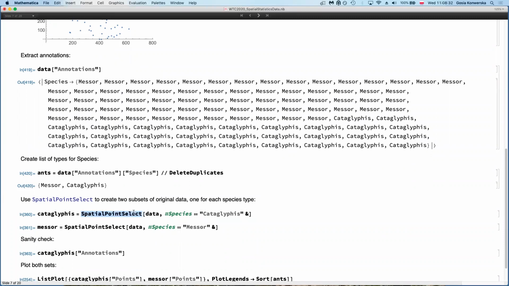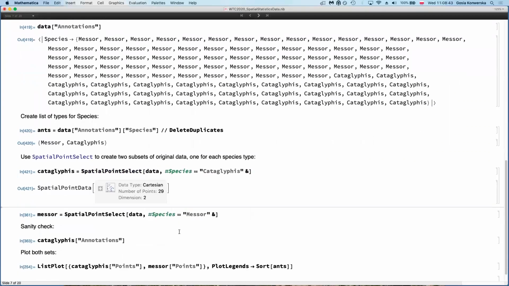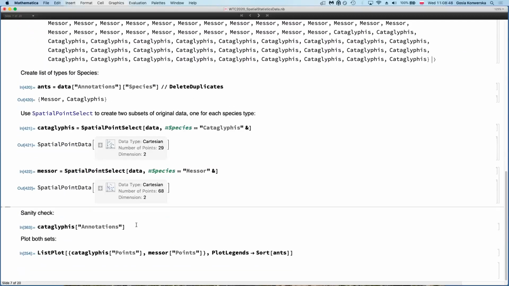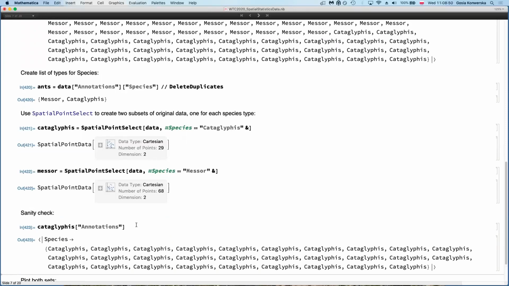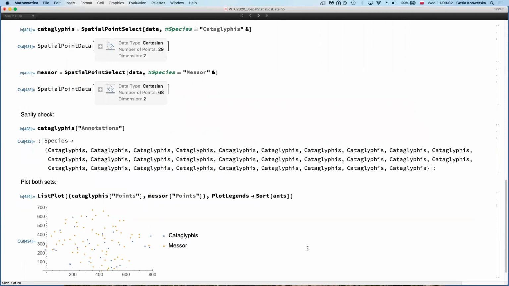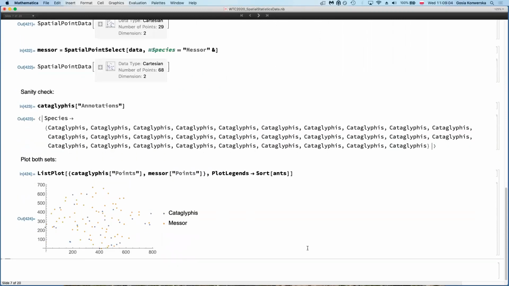So in SpatialPointSelect, I give the original data, and then I would like to select all the points or the locations where the species is the Cataglyphis. So that gives me another spatial point data, and I do the same for the second type of species. And your sanity check is that you only keep the right species, so the annotations on my subset only have 1 type of species. And then we can plot them both colored differently and see how they intermingle or whether they do not intermingle.